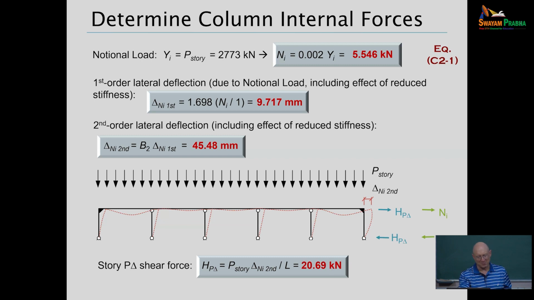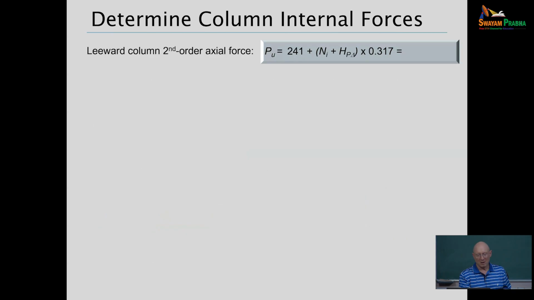So the HP delta story shears, those are 20.69 kilonewtons. So I need to take the combination of that plus the notional load. That's my lateral loading effect that's equivalent to what the vertical loads are doing and acting through the lateral drift. All right, so given that, we can now calculate a column force.